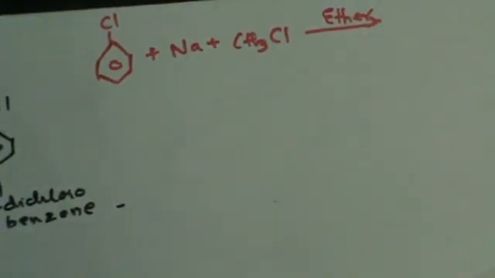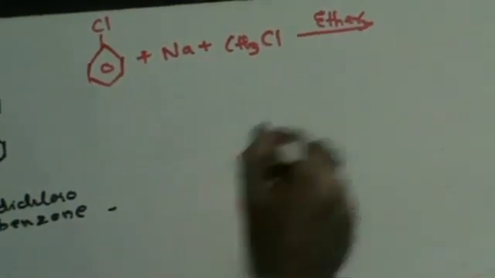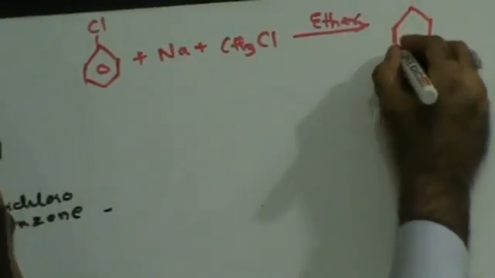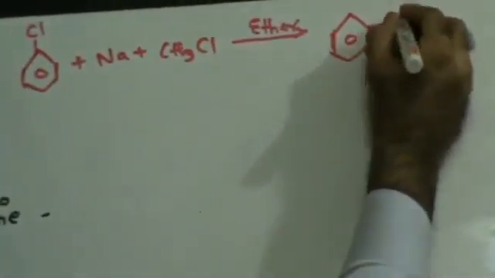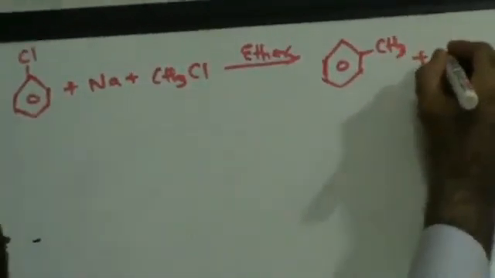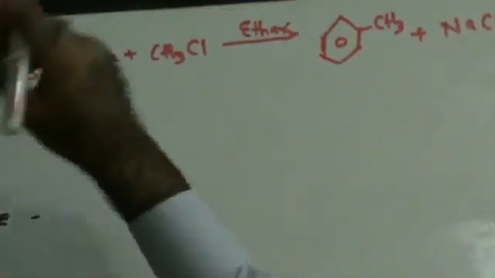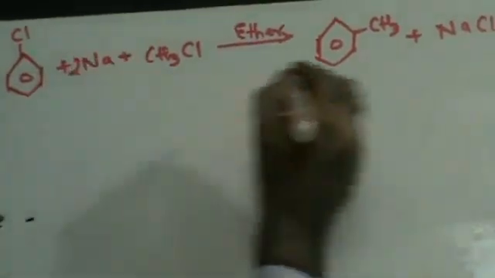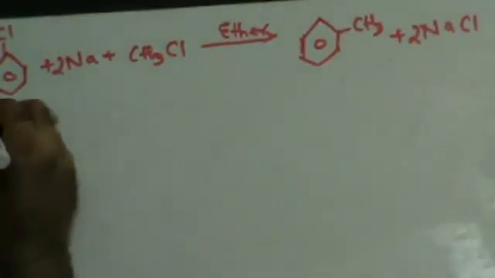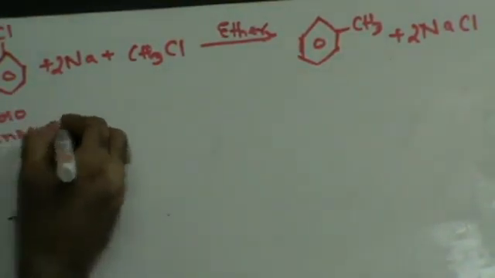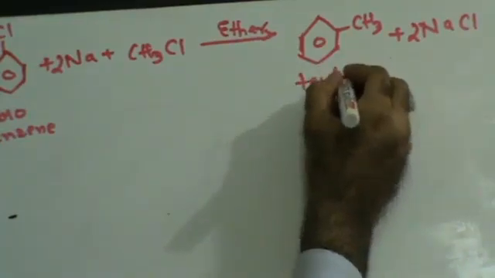Here, what you will get is the methyl group will substitute chlorine. You will have CH3 plus you will get sodium chloride, 2NaCl. So both the chlorines will come in as 2NaCl. So this is your chlorobenzene and this is your toluene.